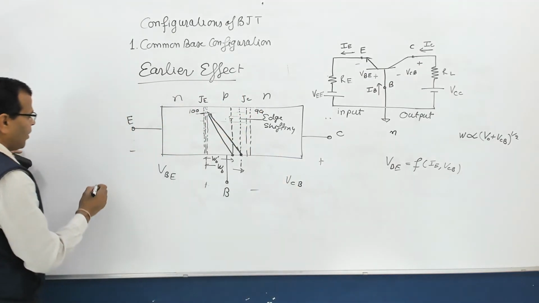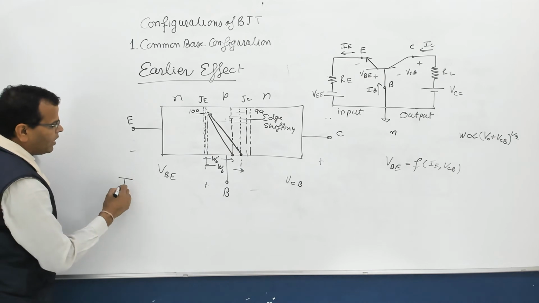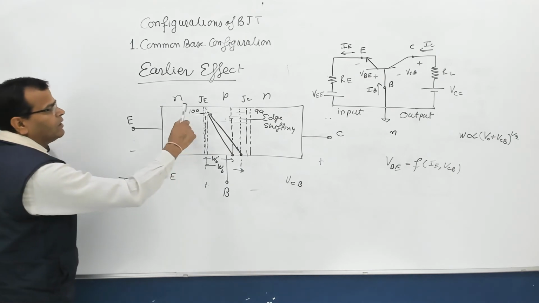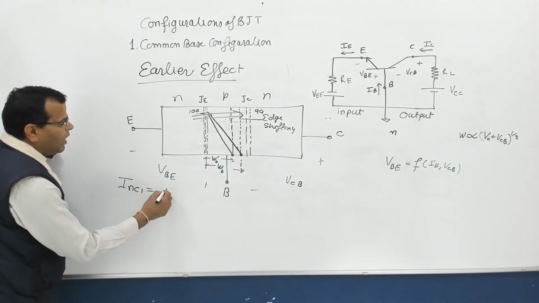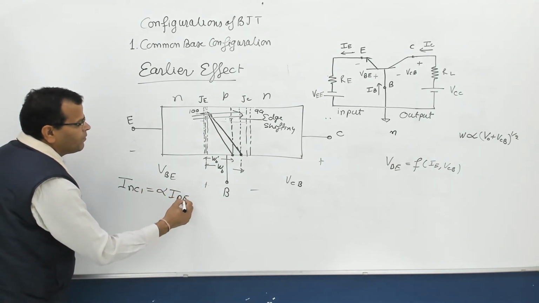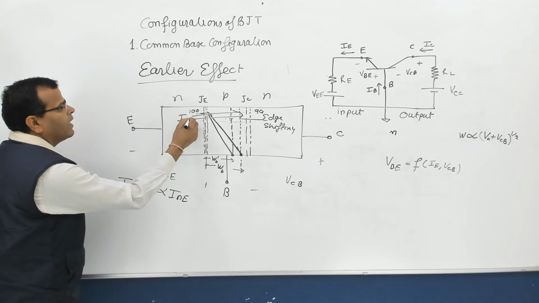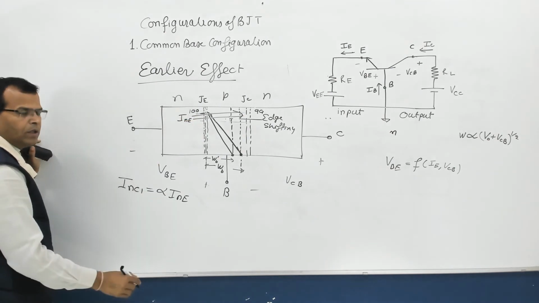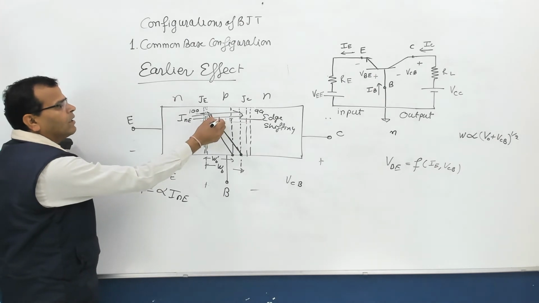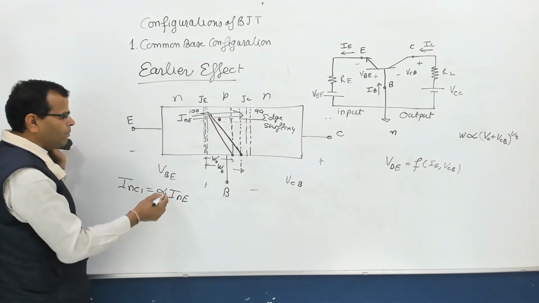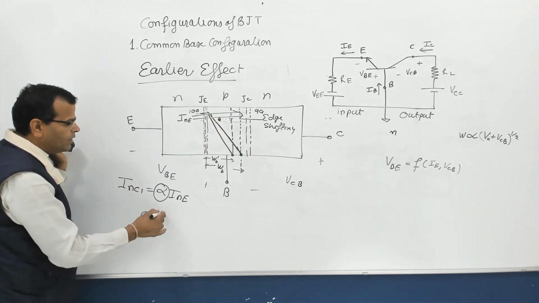So if you talk about the collector current component I_C1, because of these electrons which are going from here to here, this will be alpha into what? I_NE. Component of current I_NE we have just seen earlier. Fine. So if less number of carriers are recombining, alpha is increasing.